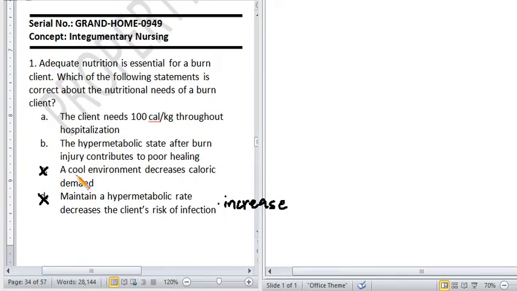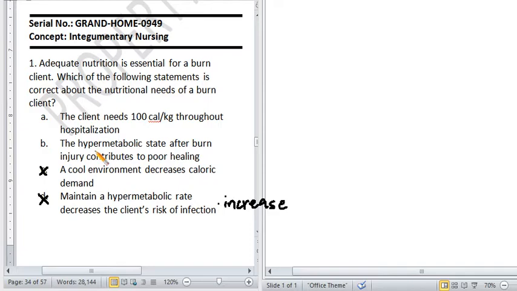Next, let's also eliminate letter C. Why? Because if you expose your client to a warm or cool environment, regardless of whether it's warm or cool, the body will try to compensate. If you put a client in a cold environment, the body will spend energy to warm itself. On the other hand, if you place a client in a warm environment, it will spend energy to cool itself.